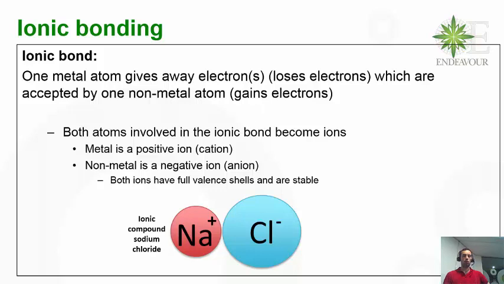So this causes both of the atoms involved to become ions. So the metal, which is on the left-hand side here, will become a positively charged ion. Sodium's in group 1 of the periodic table. Group 1 and 2 are metals. And chlorine is the non-metal in group 7. So once they adopted this arrangement, they both have stable valence shells because the valence shells are full.